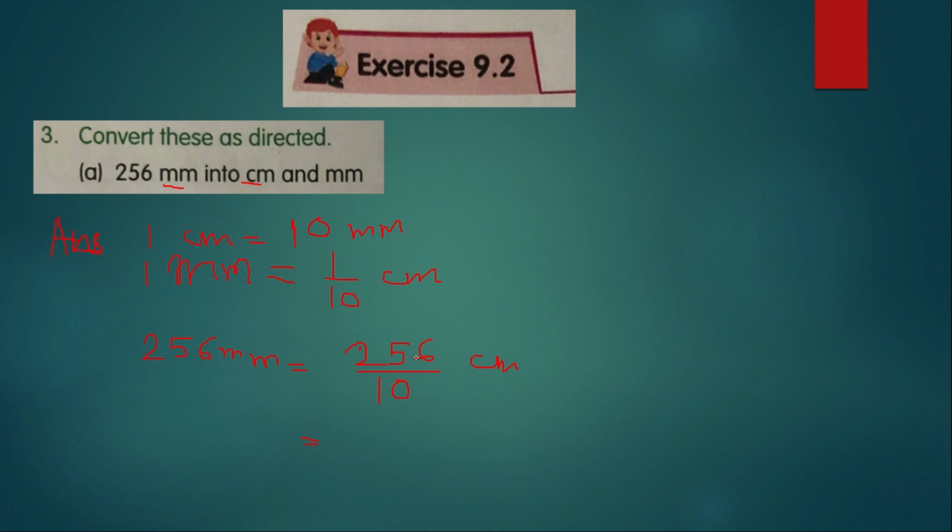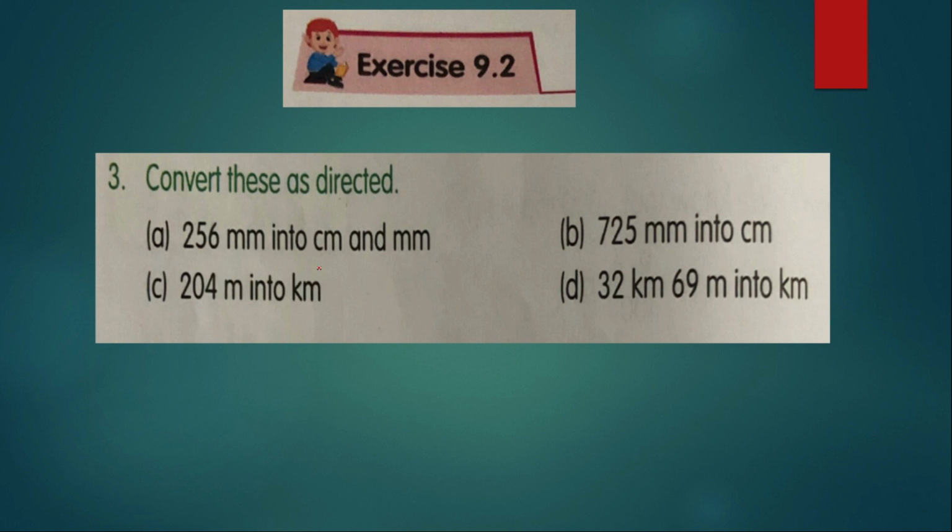So it is 25.6 centimeter, or we can write it as 25 centimeter and 6 millimeter. The whole number part will be in centimeter, and the decimal part will be in millimeter. Okay, clear?